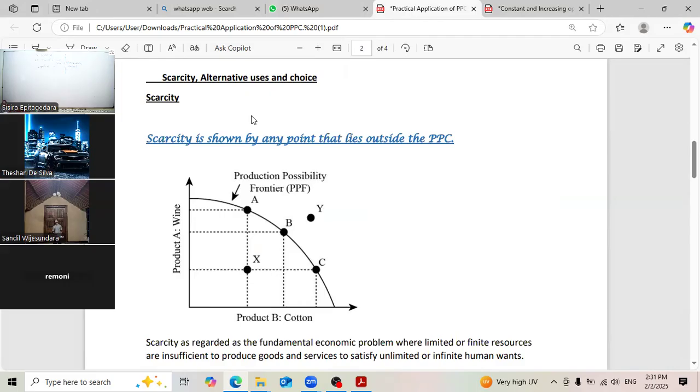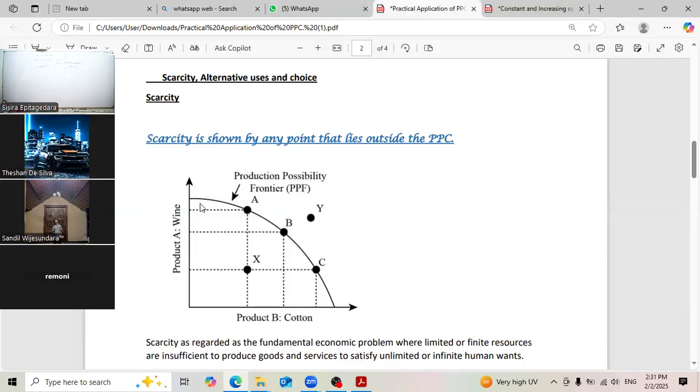If you see any point beyond the production possibility curve, Lamai, it means scarcity. Is that clear, Lamai?